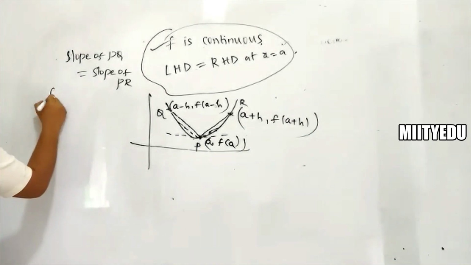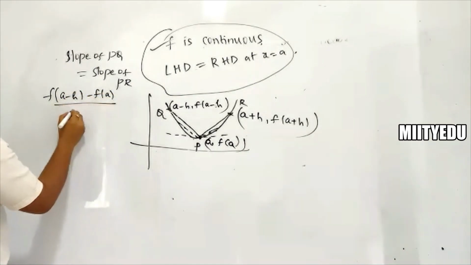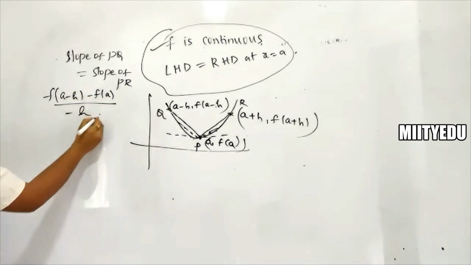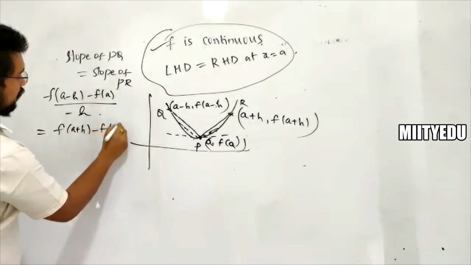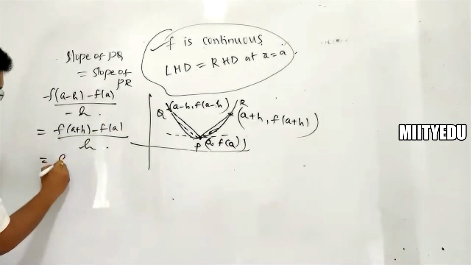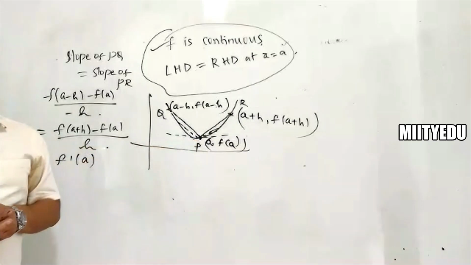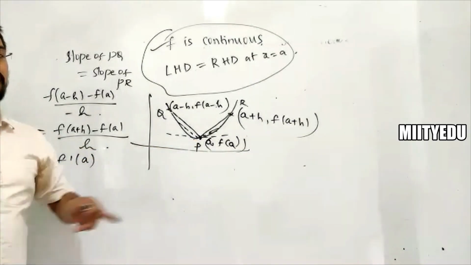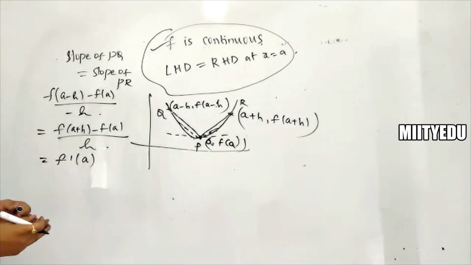So I'll write f of a minus h minus f of a by minus h is equal to f of a plus h minus f of a by h. And this is nothing but what you term as f dash a, provided that the function is differentiable at this point.